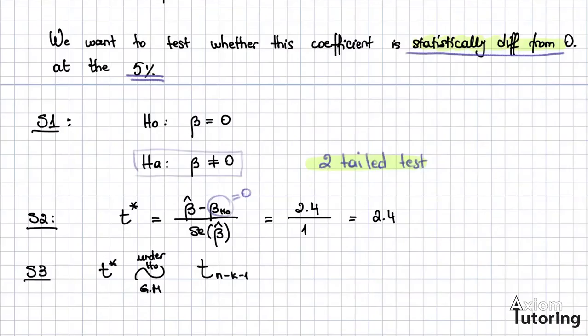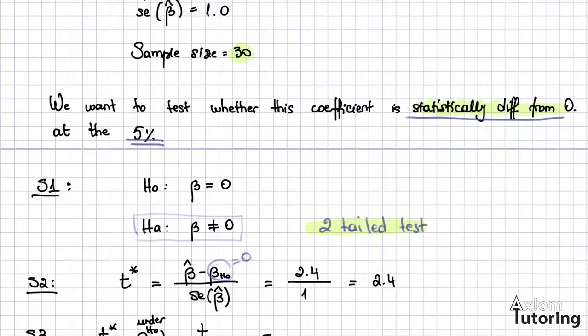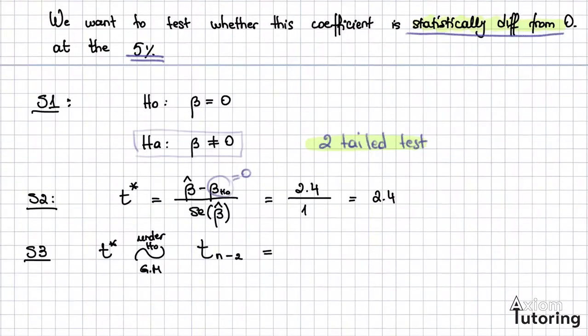Well, this is a simple regression, so k is just 1 and we can write this directly as n minus 2. Given that the sample size n is 30, the degrees of freedom are 28. This tells us which row in the t table we're at.